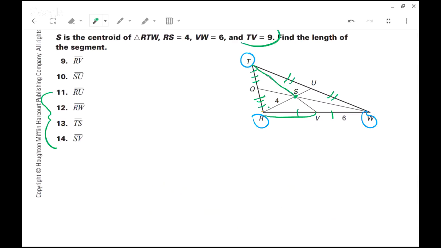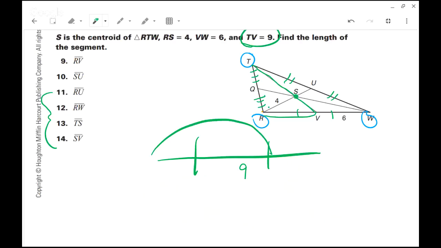Now, the problem tells us that TV is 9, okay? So the whole length is 9. And it's divided into 3 equal parts, okay? So from the angle down to the centroid is 2/3, and then from the centroid, the rest of the way is 1/3. So this part here is TS.